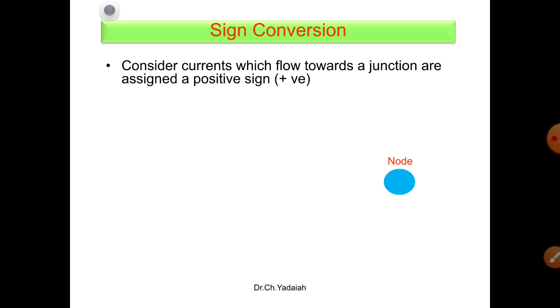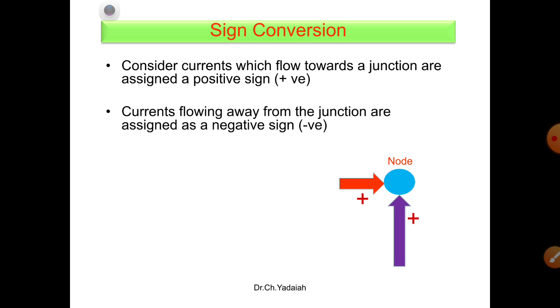Now, current which flows towards the junction is assigned as positive, and current flowing away from the junction is assigned as negative. The amount going out of our pocket makes us uneasy, so we take it as negative. You should remember these conventions while doing simple problems.